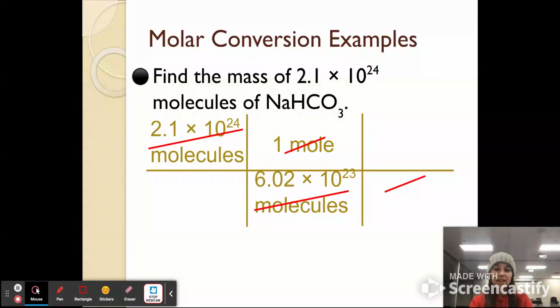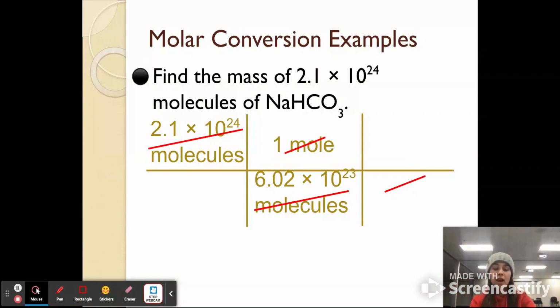My unknown is mass, right? So I want mass at the top right-hand corner. What do I need to put on the bottom to cancel out moles? Moles, right? So I can put 1 mole at the bottom. What does 1 mole equal? The molar mass, right? So 1 mole is equal to the molar mass of NaHCO3.